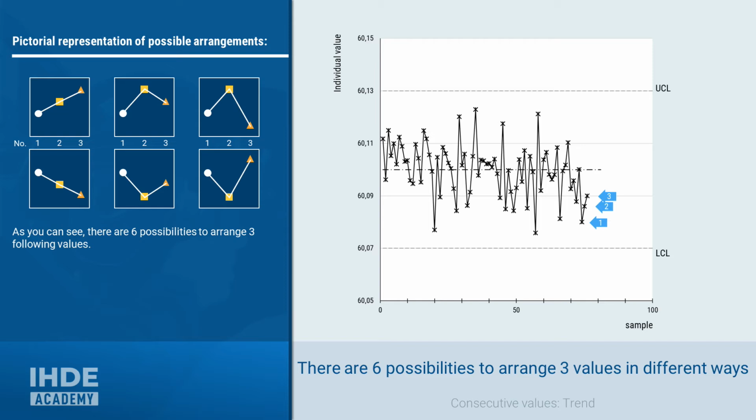The first value is symbolized by a circle, the second value by a square, and the third value by a triangle. Only the first two pictures show a trend. The second and third images show no trend. In order to calculate the probability of a given event, we must first find out how many combinations any number of values can be arranged in.